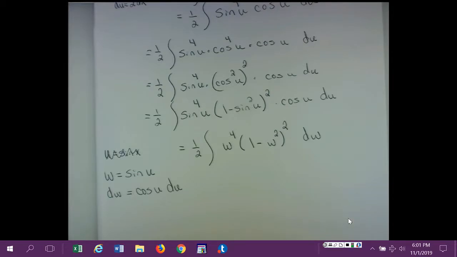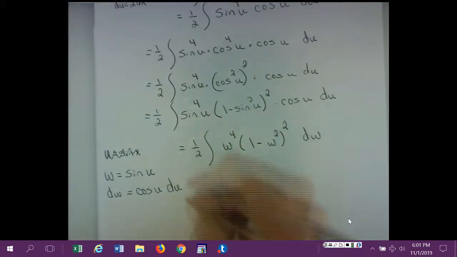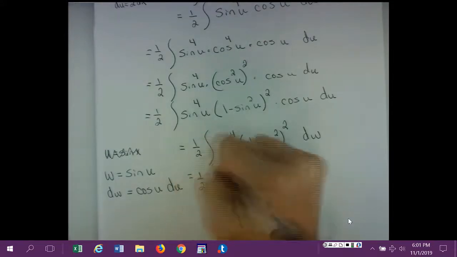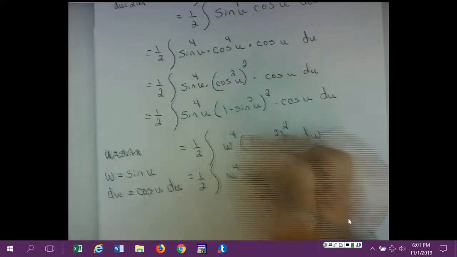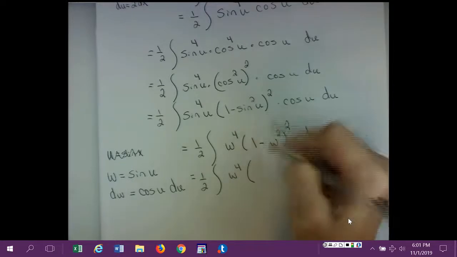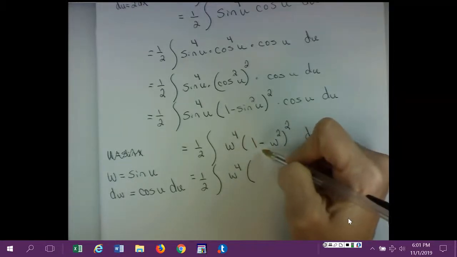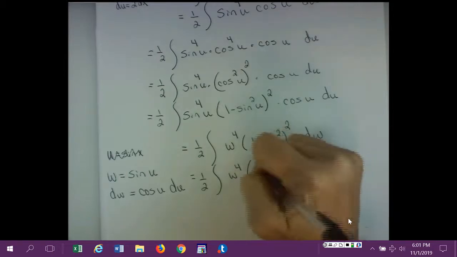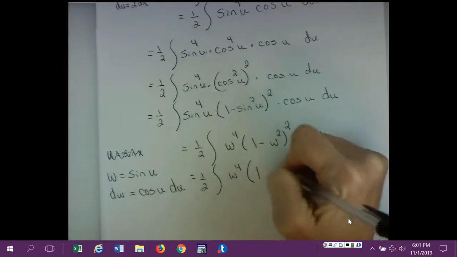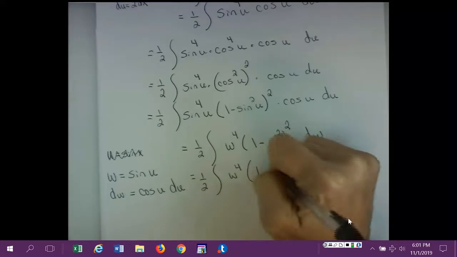Then we're going to FOIL and collect like terms and find the antiderivative. FOILing this is going to be first terms, outer terms, inner terms, last terms. The first terms will be 1 times 1. The outer terms will be negative w squared.